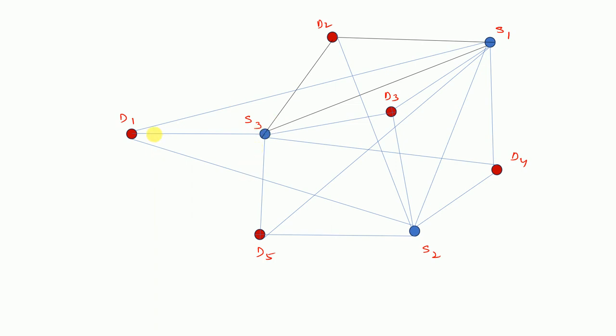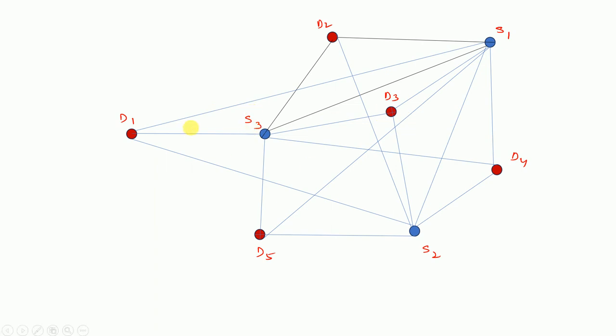Similarly, you know the demand of each unit. For example, suppose the supply of S3 is 100 units, and the demand of D1 is 50 units. Similarly, say the supply of S1 is 150 units, and the demand of D2 is 70 units. So in this way, you know the demand and supply of each of these units.